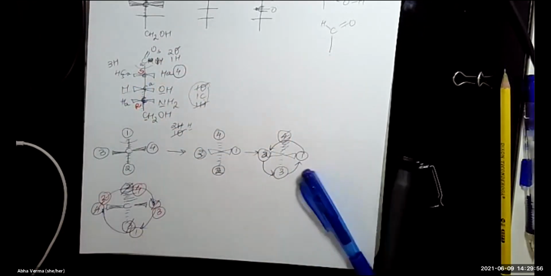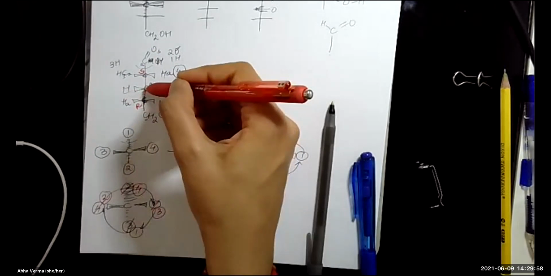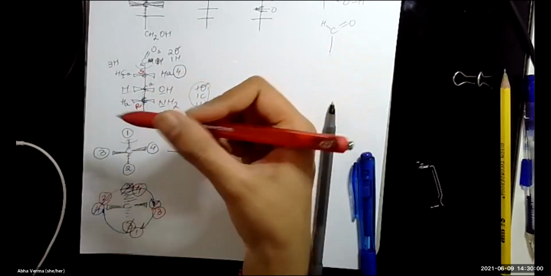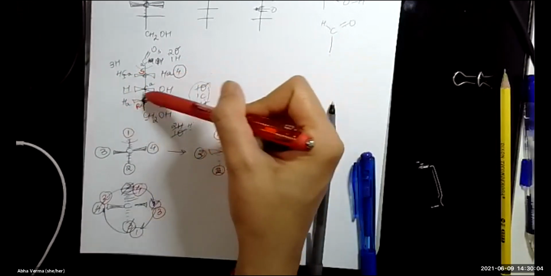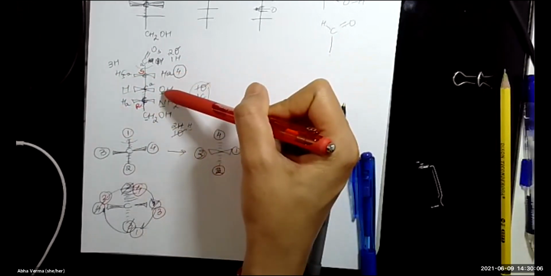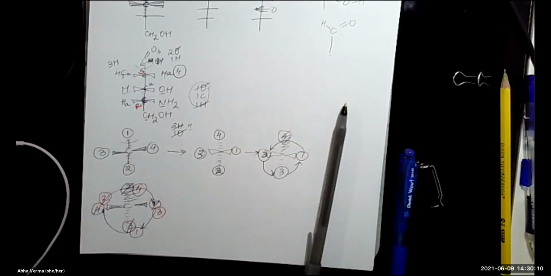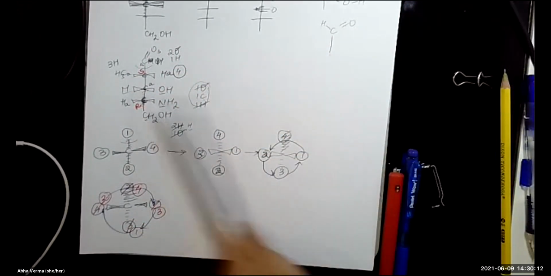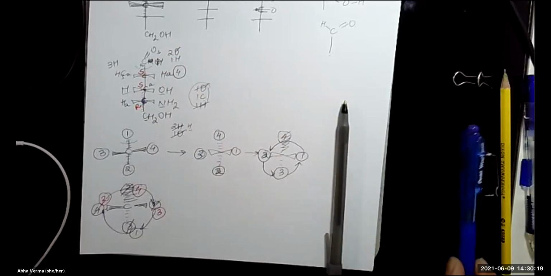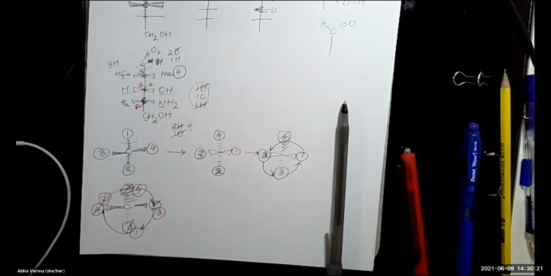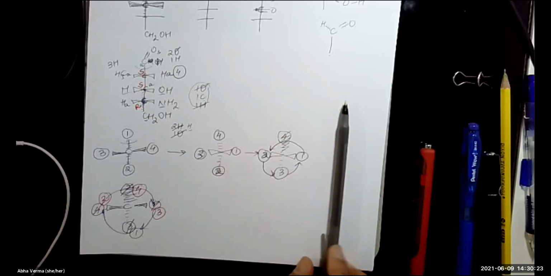And so at this carbon, it will be an R. What would happen to this carbon? There is this group, there is this group, there is this OH, and then there is this H. And so when I figure out the configuration, it would come out to be an S. You can do this on your own to figure out.